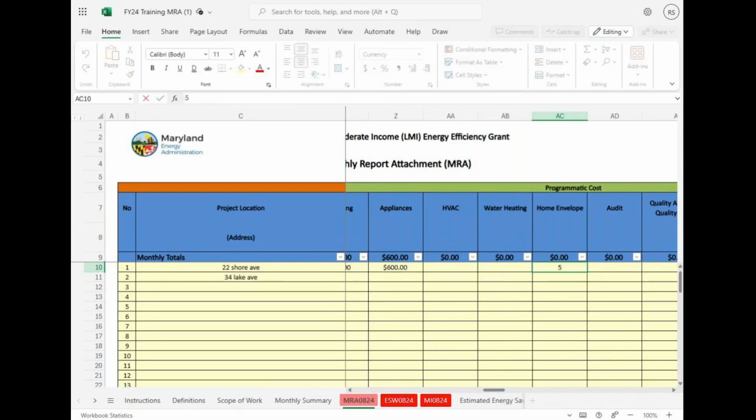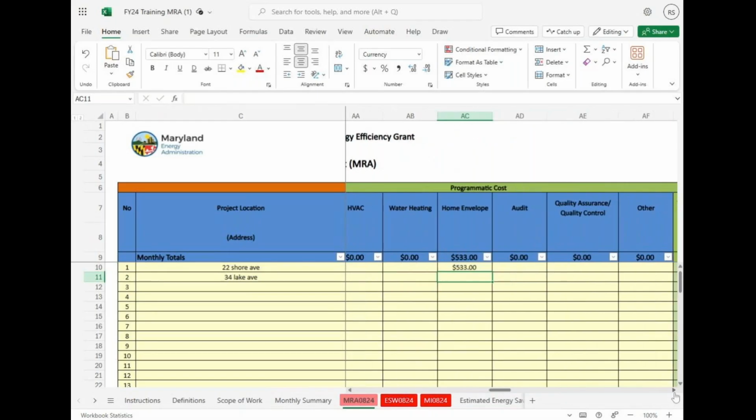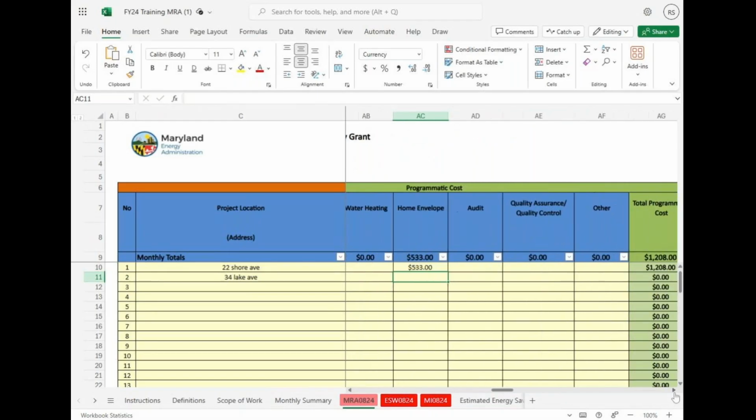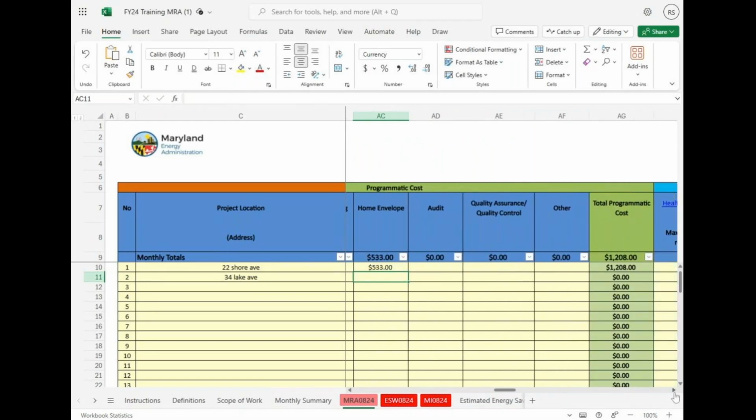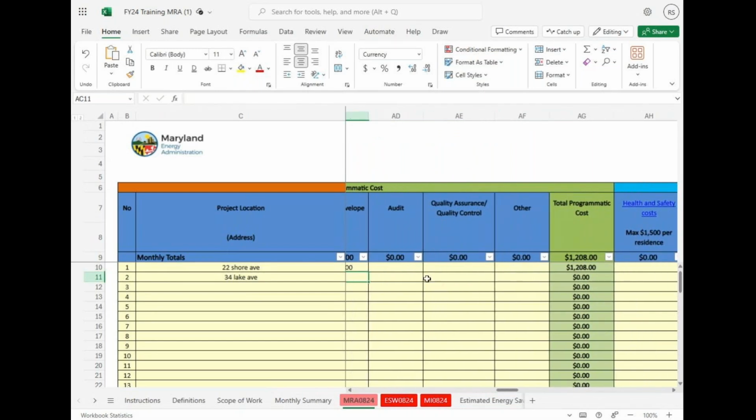So make sure these numbers are accurate, because if they're not, we will return the MRA and ask for more information. As you can see, it auto-populates for a total programmatic cost. So make sure these numbers are all correct. All right.